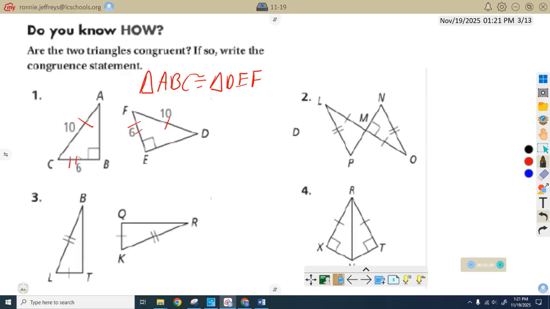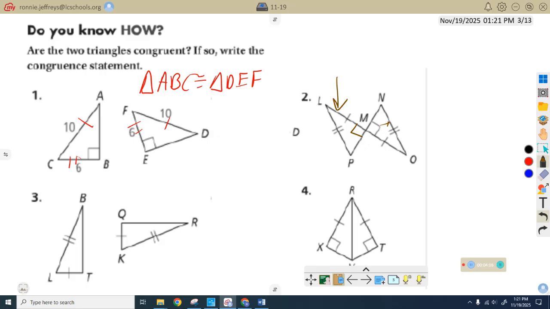Now, on number 2, this is labeled as a right angle. That means this is the hypotenuse. But what about this one over here? Is this triangle here also a right triangle? Yes. How do we know that? Vertical angles, yes.